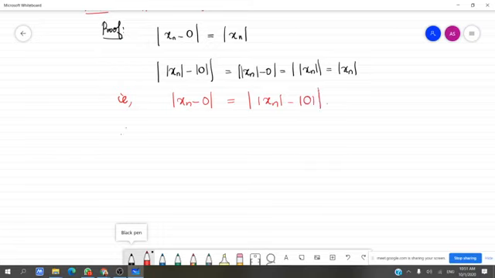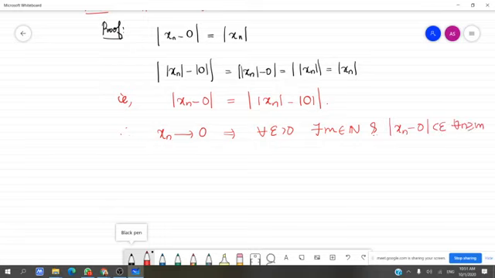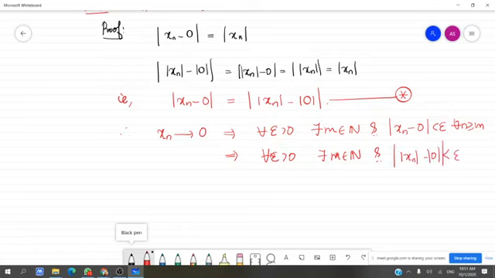Therefore, if you assume that xn converges to x or xn converges to 0, I can say for every epsilon greater than 0, there exists a positive integer m such that modulus of xn minus 0 is less than epsilon for all n greater than or equal to m. Now, since this is true, by star, I can say this implies for every epsilon greater than 0, there exists a positive integer m such that modulus of mod xn minus mod 0 is also less than epsilon for all n greater than or equal to m.